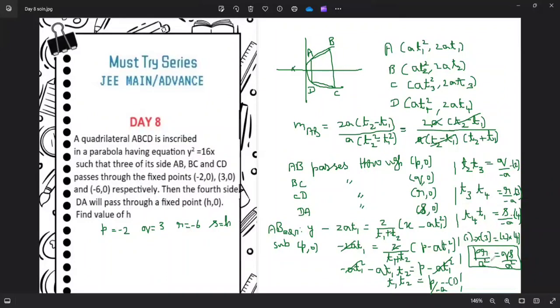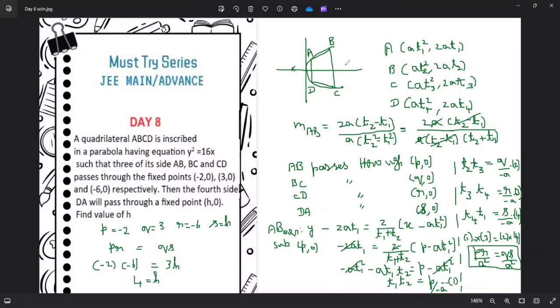If I use this result, pr by a squared equals qs by a squared, a squared gets cancelled off. So pr should be equal to qs. I get minus 2 into minus 6 equal to 3 into h. So 12 by 3, h value is 4. They asked us to find the value of h. So h is 4. You can remember this as a very useful result.